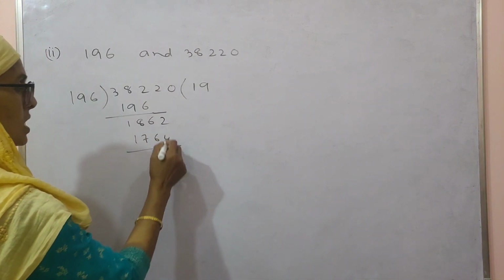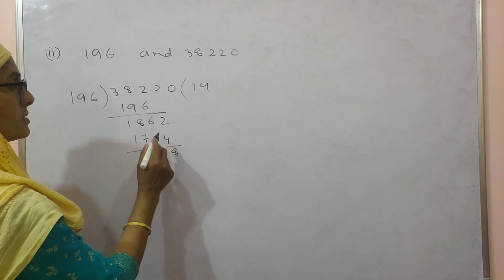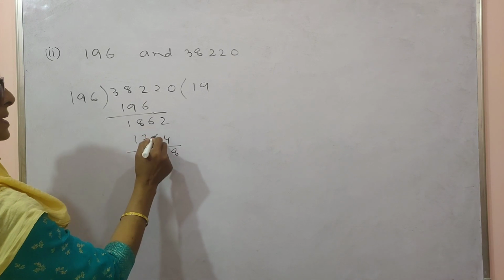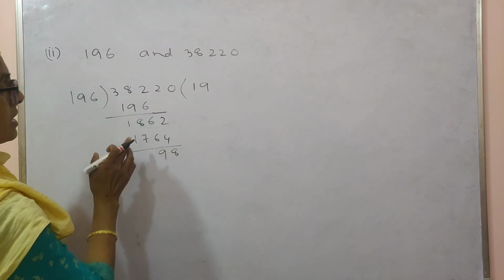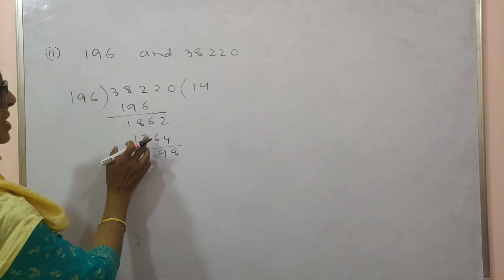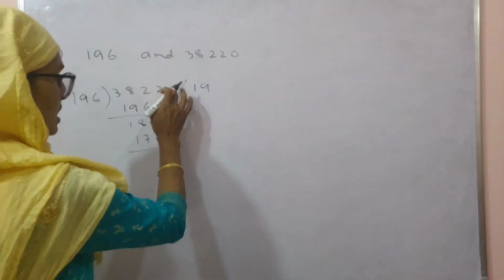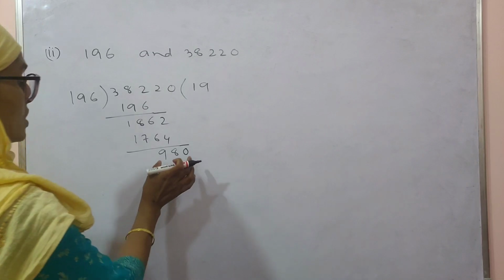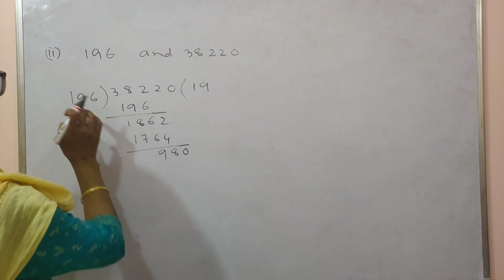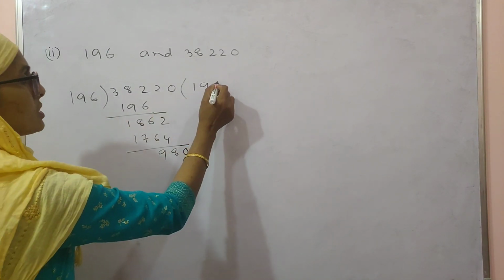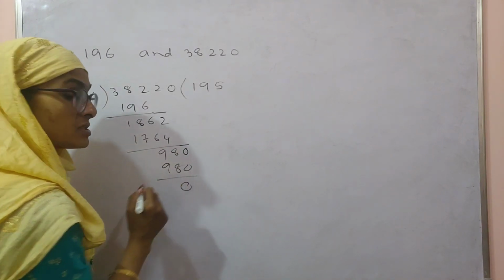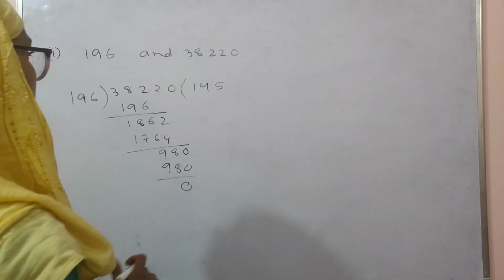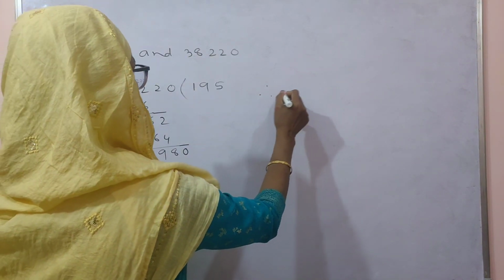Now subtract: 12 minus 4 is 8, here 15 minus 6 is 9, and 7 minus 7 is equal to 0. Now write 0. So here 980 again divide by 196. You will get 5 times 980. So the remainder is 0.